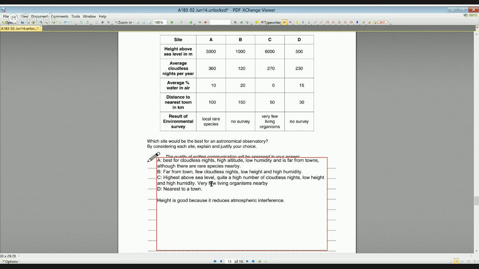It reduces the chance of clouds and interruptions and so on. Cloudless nights obviously provide more opportunities to observe the sky.